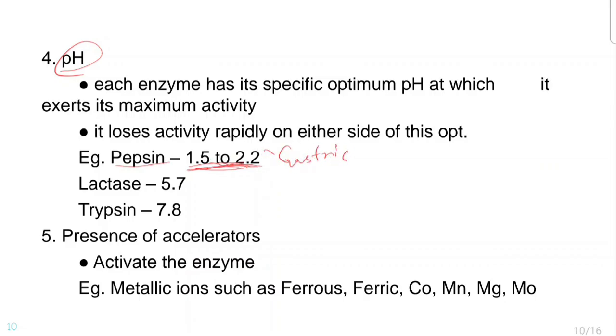So in the gastric environment, in the acidic nature, your pepsin will be activated. Your lactase is slightly acidic and your trypsin is slightly alkaline.